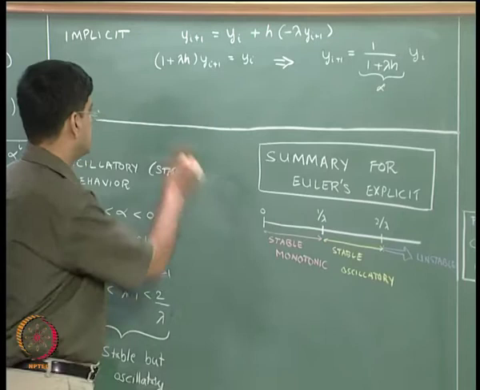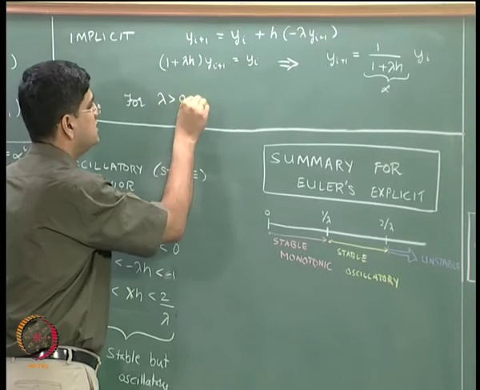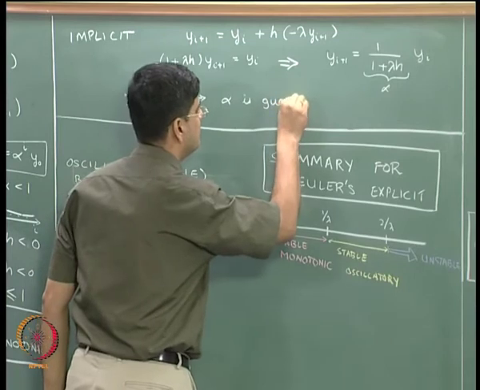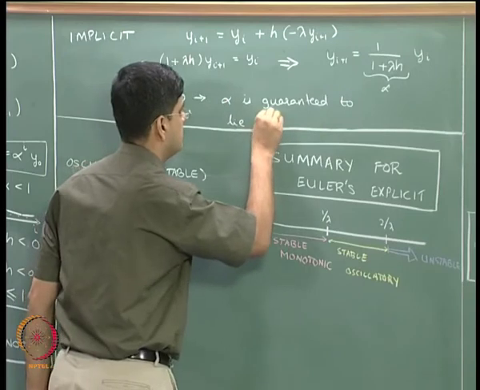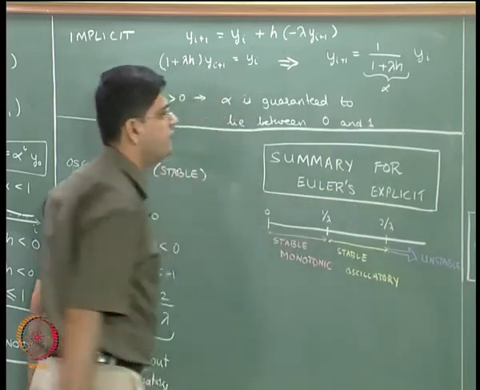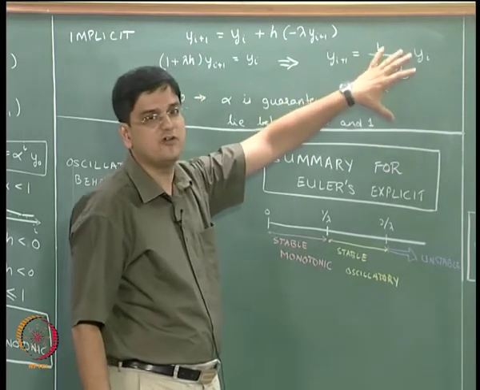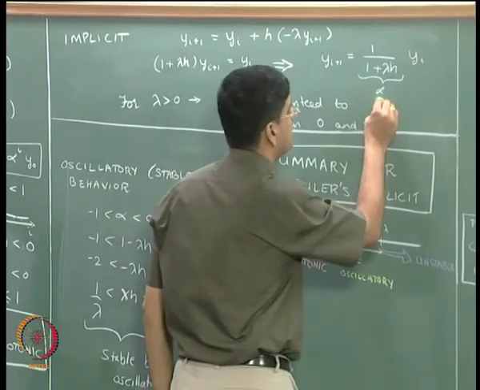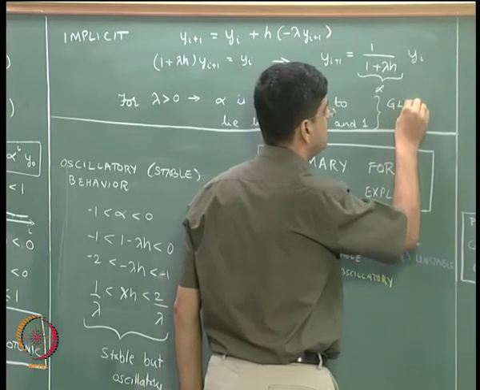In this particular case, for lambda greater than 0, alpha is guaranteed to lie between 0 and 1. No matter what value of h you choose, we know for sure that alpha will lie between 0 and 1. Because alpha will lie between 0 and 1, this method, the implicit Euler's method, is what we call globally stable.